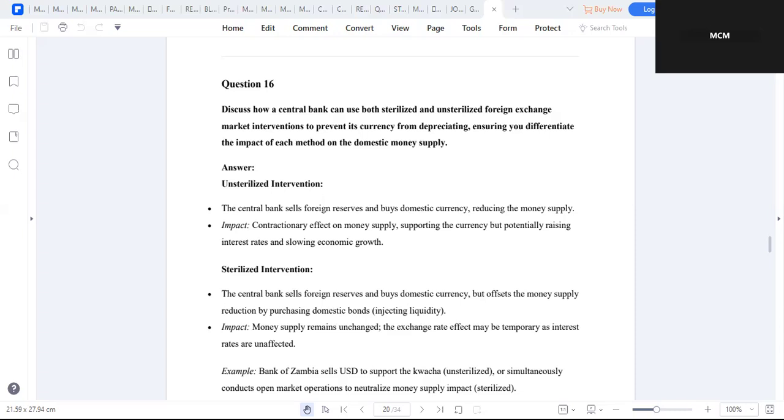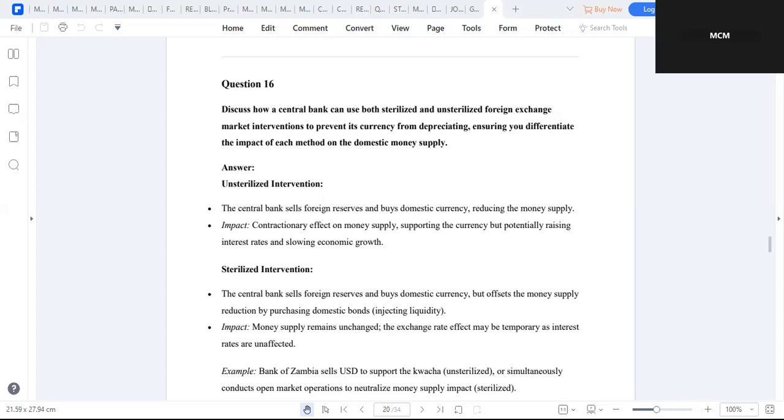Secondly, there is an impact on money supply. The domestic money supply will shrink since kwacha is withdrawn from circulation. The drawback is that prolonged use may lead to high inflation, high interest rates, and slow economic growth.